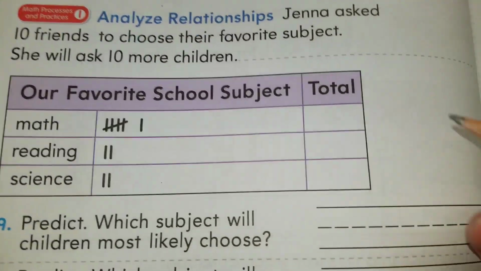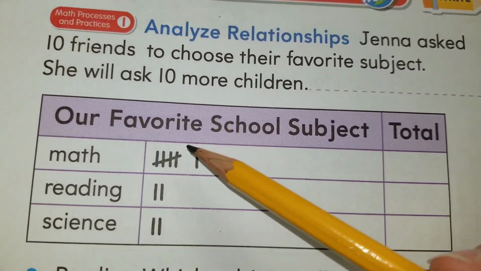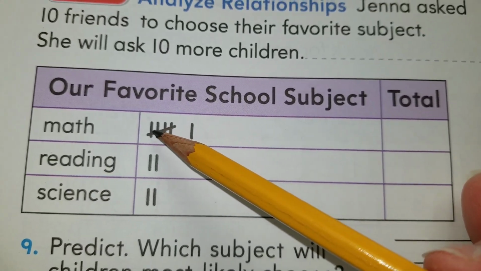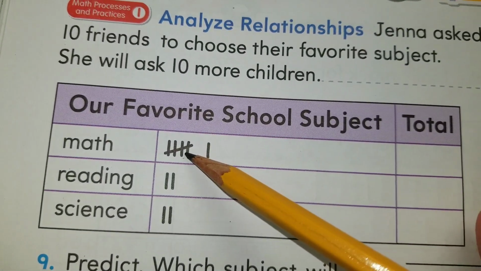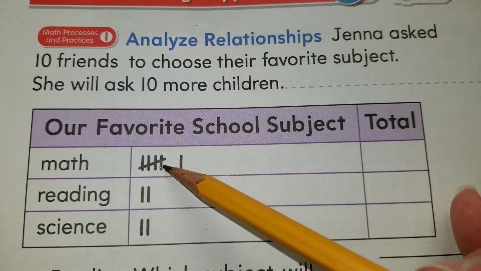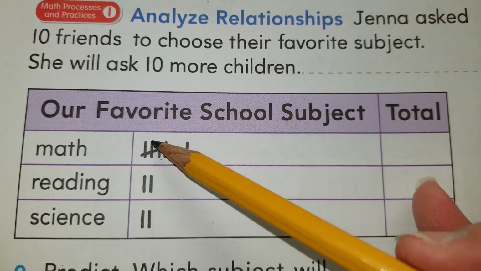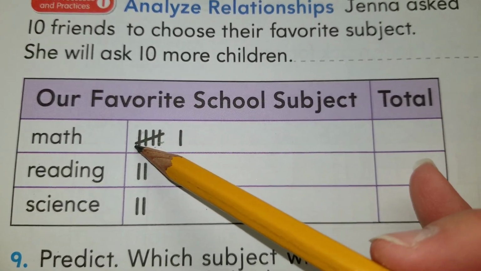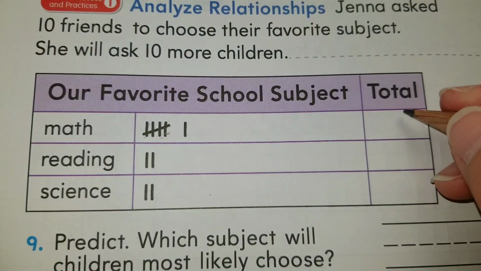So let's see what are the numbers that we have for math. How many tally marks do we have for math? For math, you can say 5, because you must remember that this means 5. Or you can simply count them. You say 1, 2, 3, 4, and 5, and 1 more is 6. So there you go.